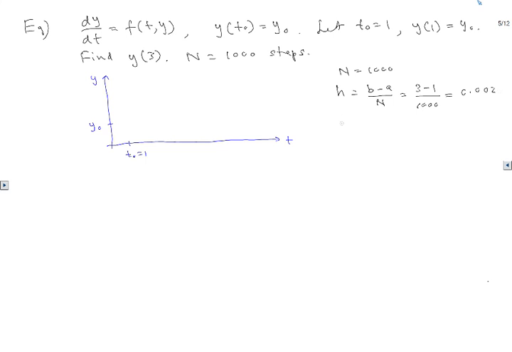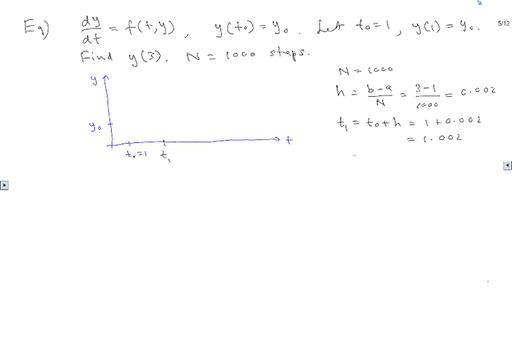That means you can calculate your first t1 value. t1 should be t naught plus h. You can add one gap. So 1 plus 0.002, that means 1.002. Okay, so that's the first one. That's t1.